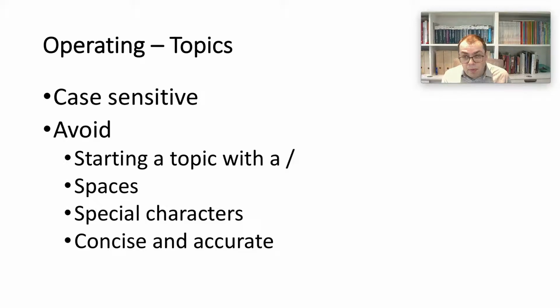Avoid using spaces or special characters, and try to be concise and accurate. Like I said, the way we lay out the topics is very flexible, but the less the better. Structure the data to make sense, so it's much easier to search for data later on.